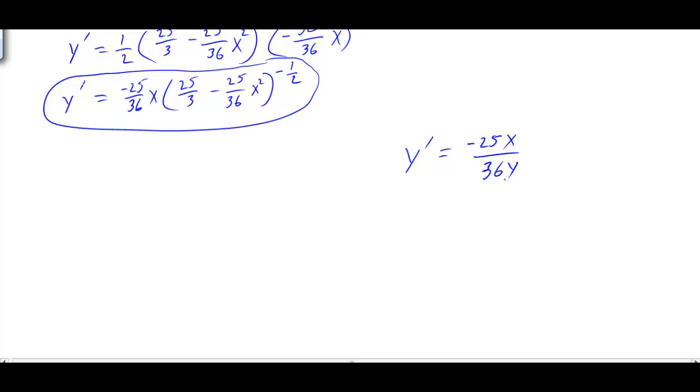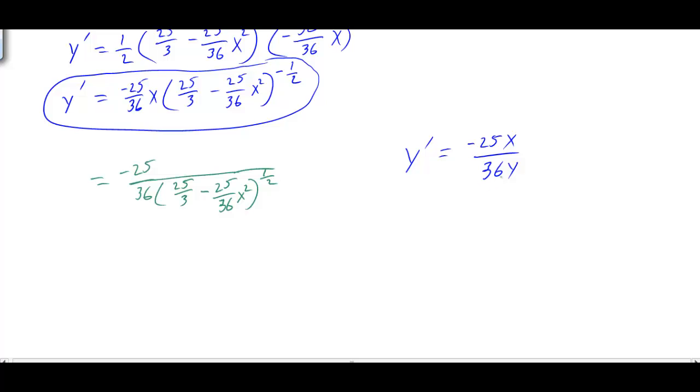Well, recall, if I rewrite this problem, this is negative 25 over 36x, or let me move the 1/2 to the bottom here. If we move this to the bottom, we have 25 thirds minus 25 over 36 x squared, so that now becomes to the positive 1/2.